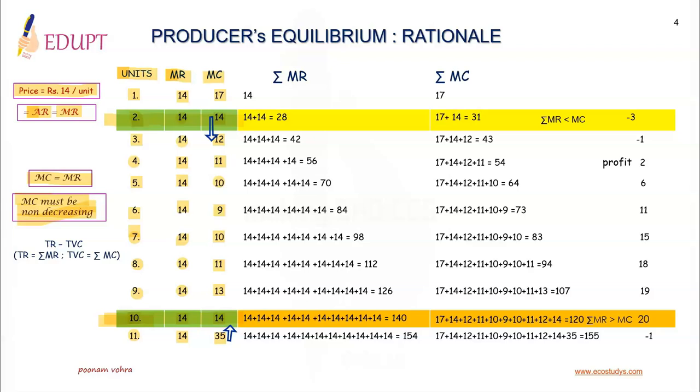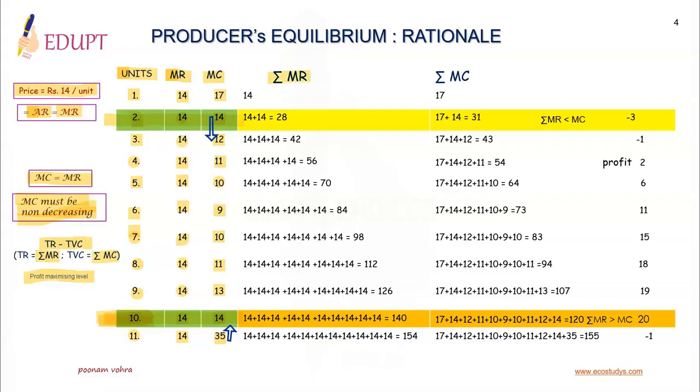For that, one needs to find out the profit maximizing level, and it can be estimated when one finds the difference between total revenue and total variable cost, where total revenue is the summation of marginal revenue and total variable cost is the summation of marginal cost.